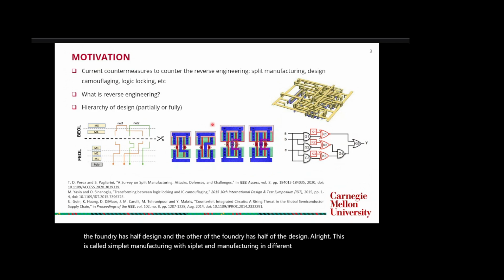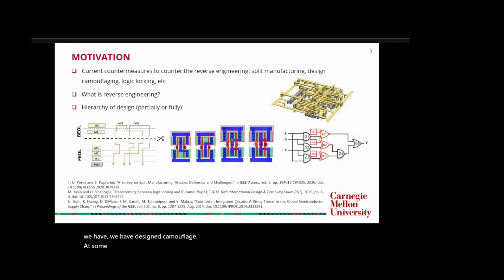Now we have design camouflage. At some point, this technique was actually adopted, and it was used a lot. Okay, how does it work? If we come from the analog point of view, we can see that, for example, this design is XOR, right? And this design is also AND, right?